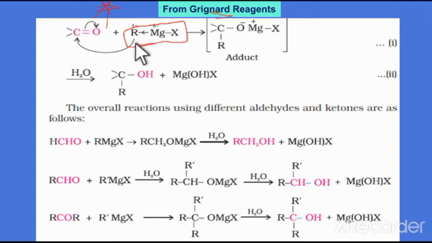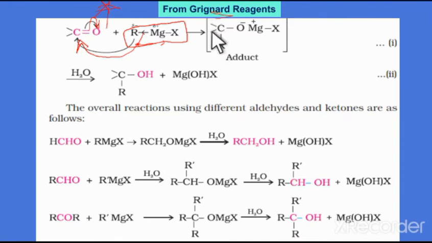In this case the alkyl group has a partial negative charge, whereas the magnesium has a partial positive charge. The alkyl group attacks the carbonyl carbon, so that the double bond between the carbon and oxygen moves towards oxygen, and we get the adduct.